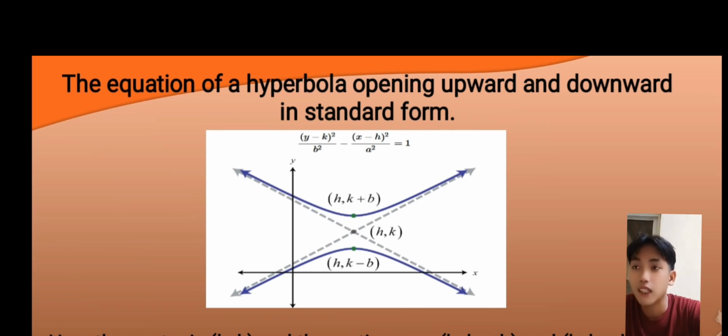Note here in the standard form, the y possesses the positive sign while the x possesses the negative sign. Since our x possesses a negative sign, then our hyperbola is opening upward and downward. Here our center is the ordered pair (h, k), and our vertices are the ordered pairs (h, k plus b) and (h, k minus b).